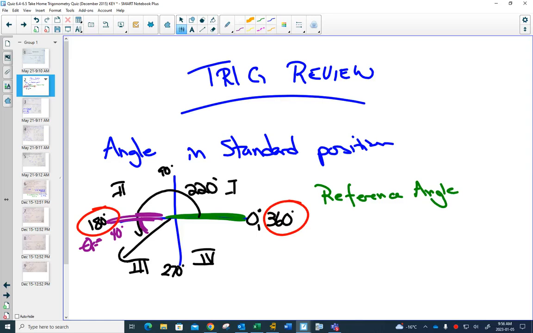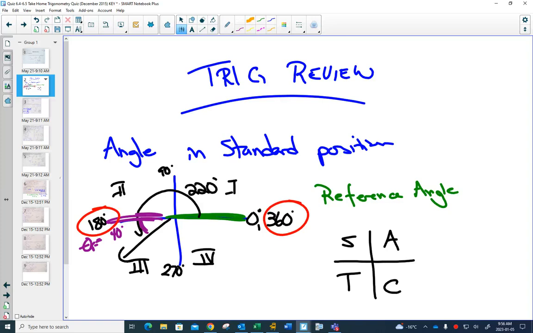And then we connected the reference angles and angles in standard position to trigonometry, and we introduced the cast rule. Now your cast rule tells you where trig functions are positive, and opposite-wise, you can use it to figure out where things are negative.